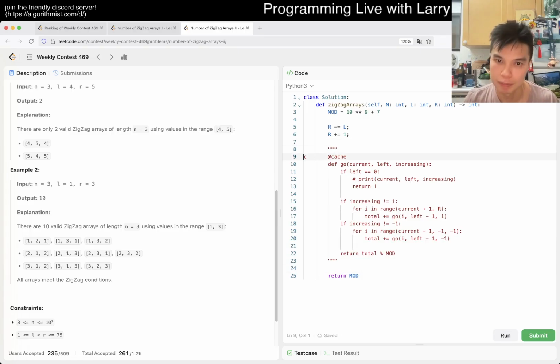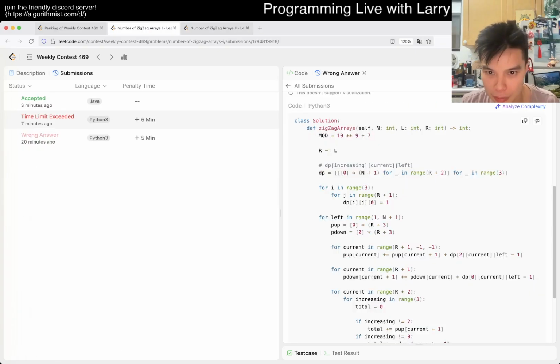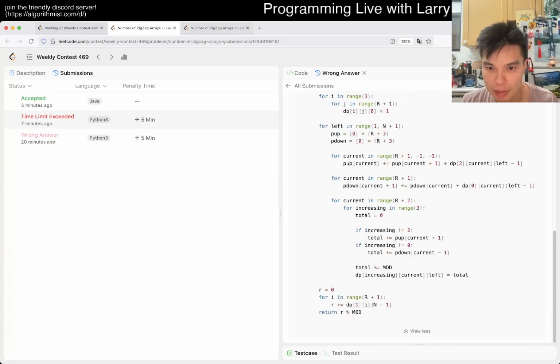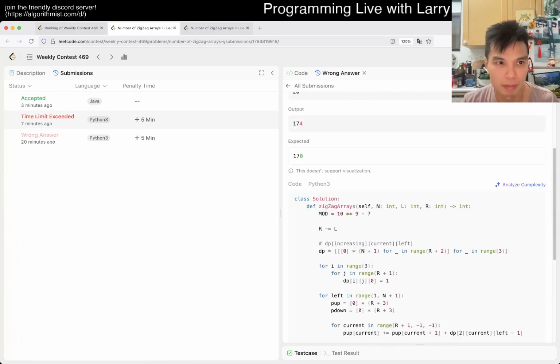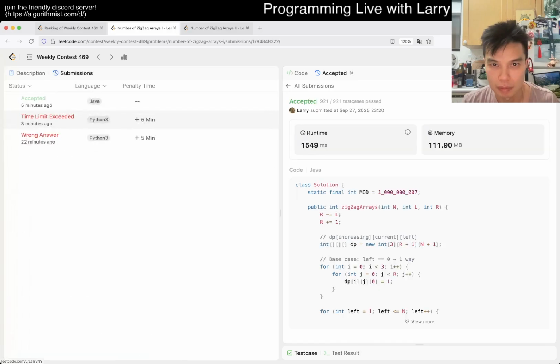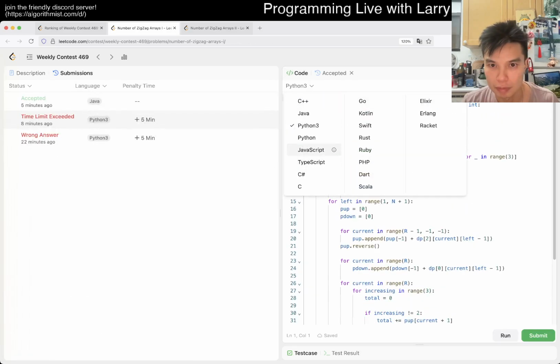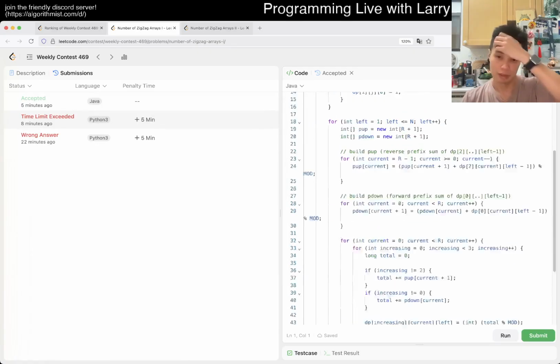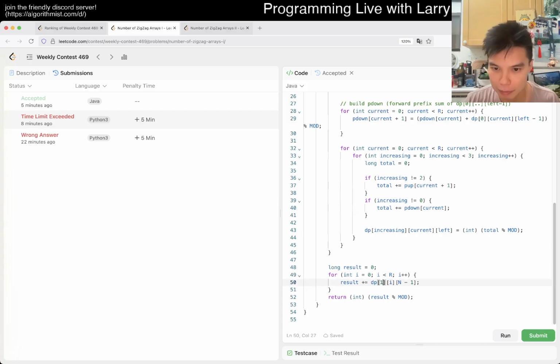So then now there's 75, 75. Oh no, left is fine. So then 75 times 3, I suppose. Is it right? Let me double check something real quick. I did it this way, but do I need to?